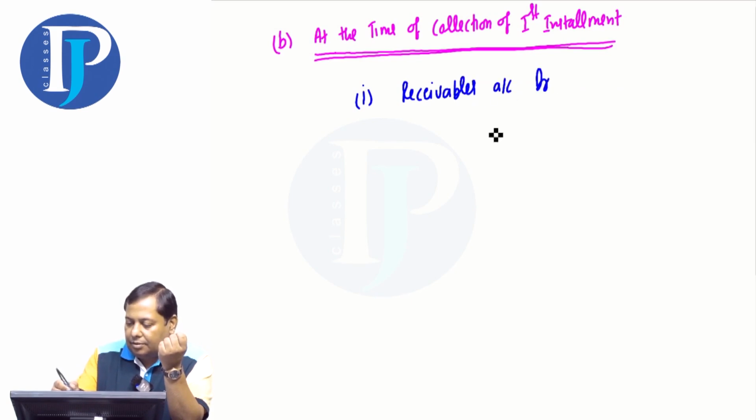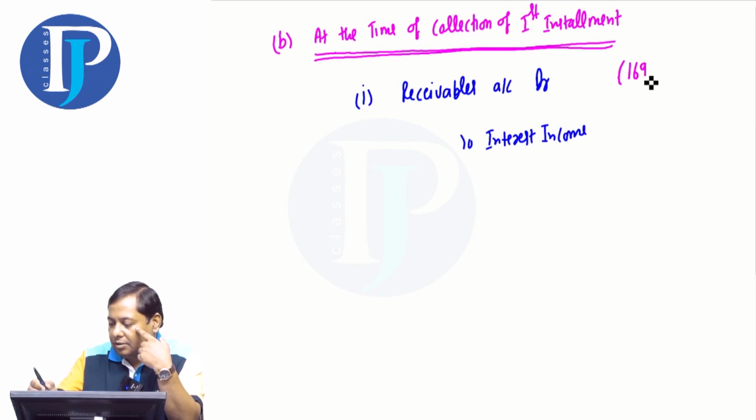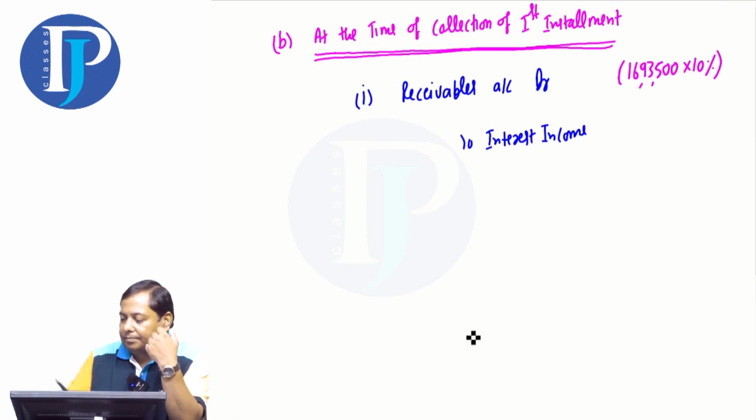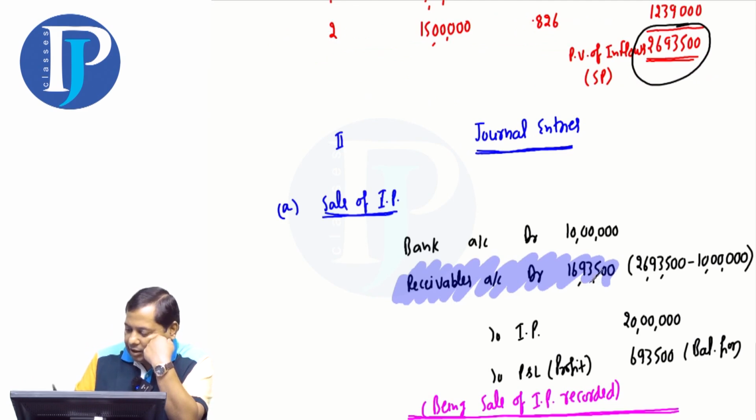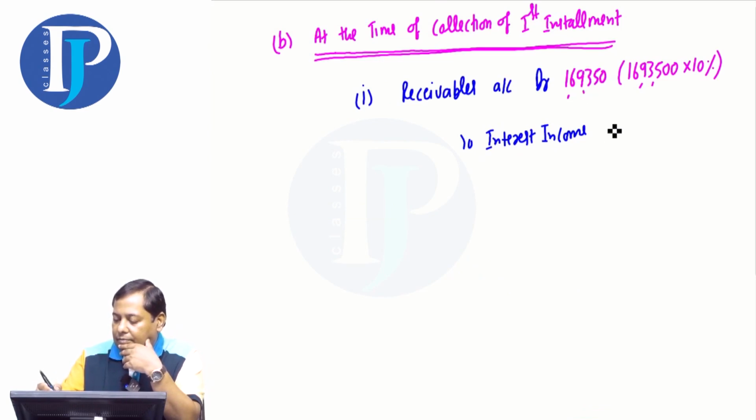Receivables account debit to interest income. How will this income come? 16 lakhs 93,500 rupees, you need to take 10% of this. 16 lakhs 93,500 into 10% gives 169,350.